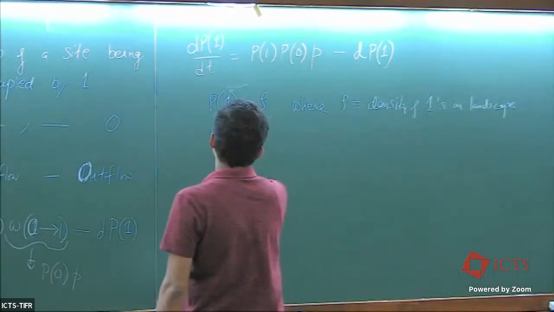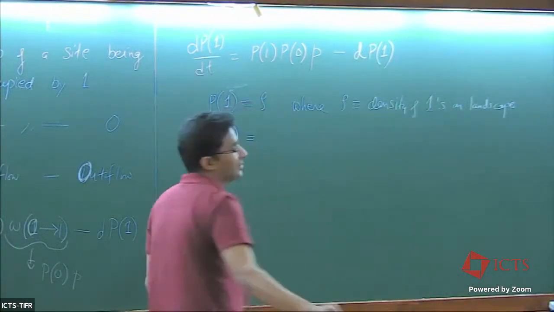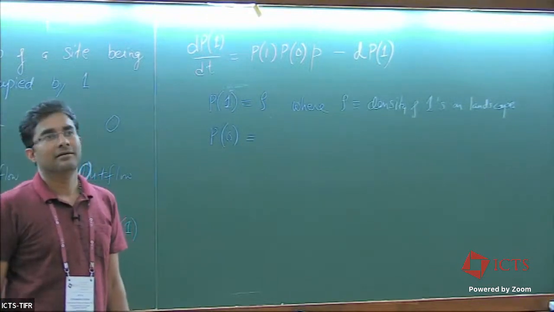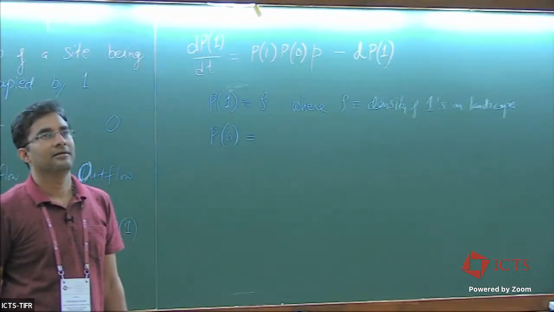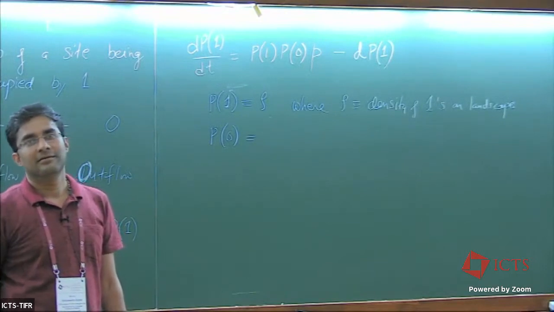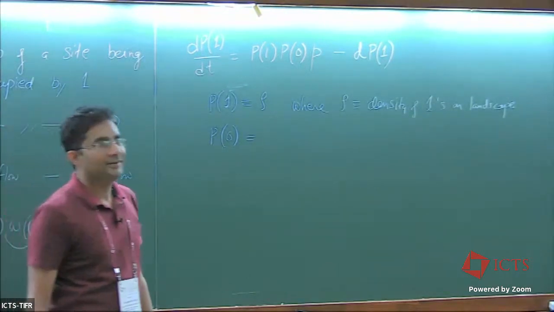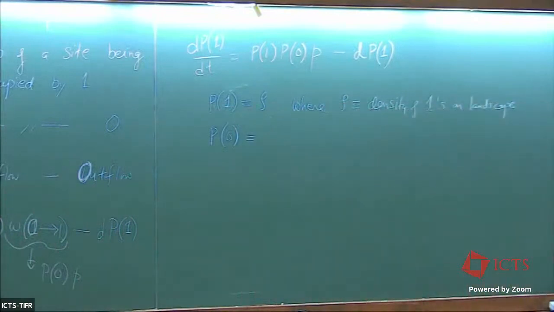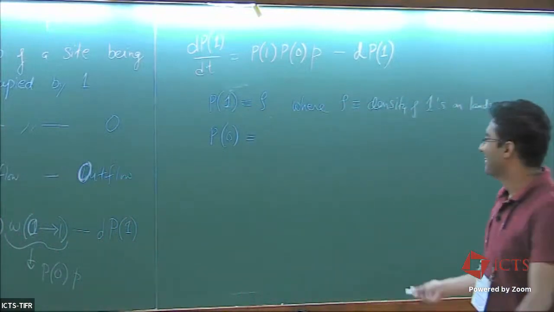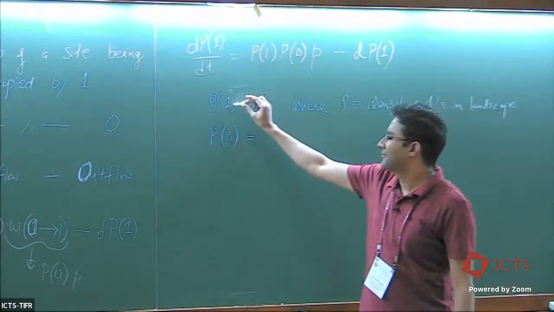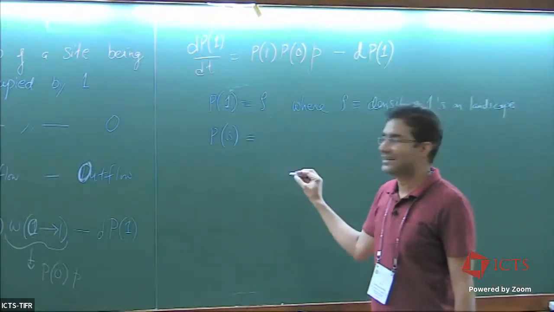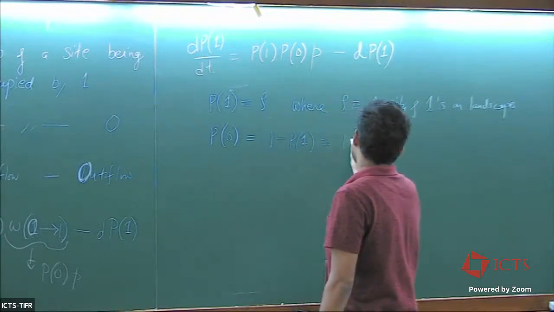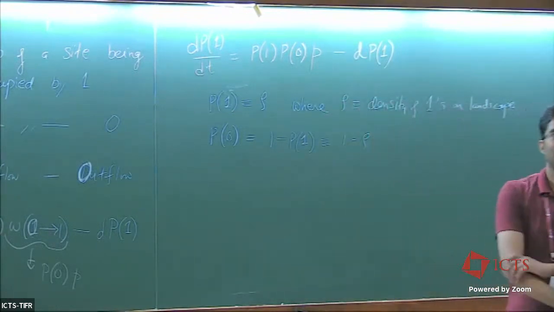And what is P of 0? People are very tired, or you think it's so easy, I don't want to tell you what it is. So a site is either in one of these two states, right? So it is 1 minus rho. Okay.